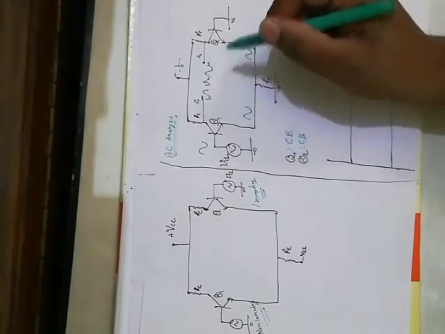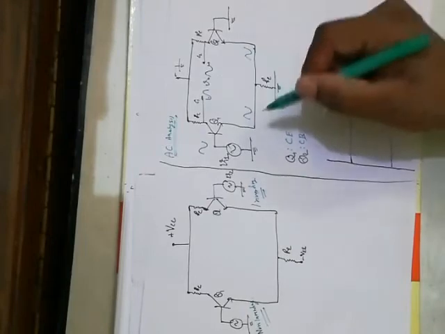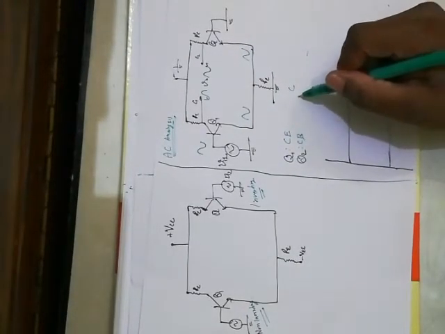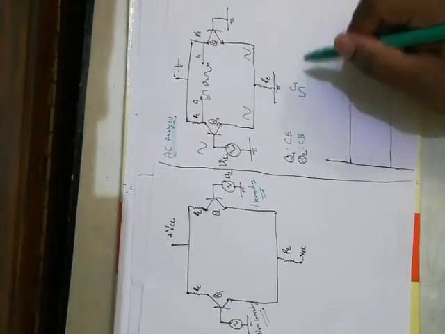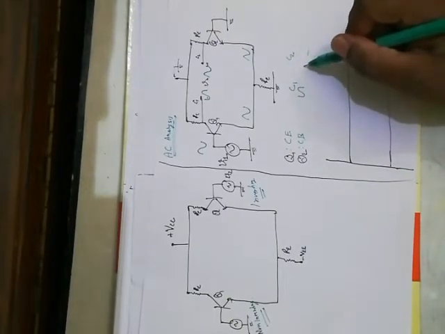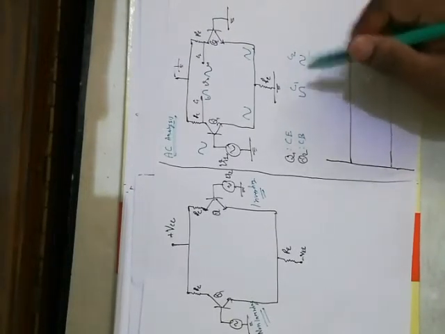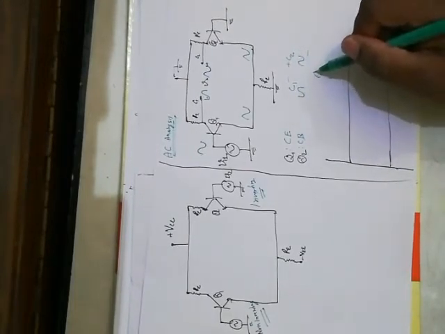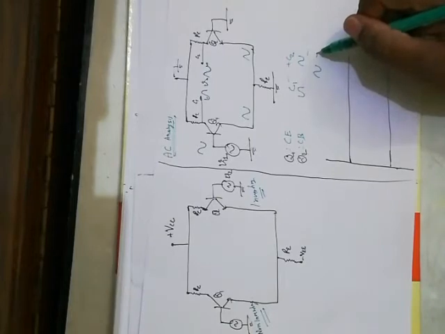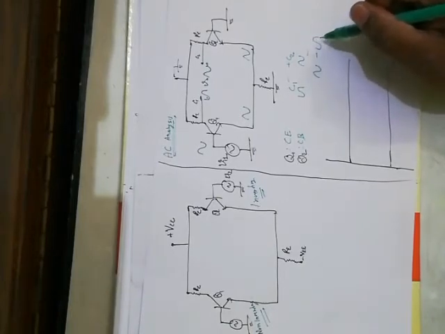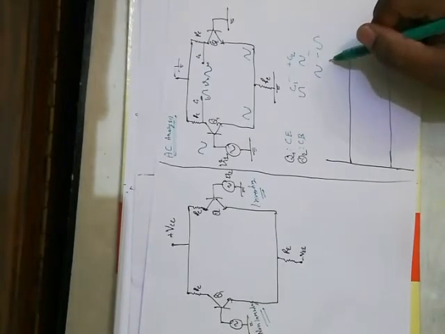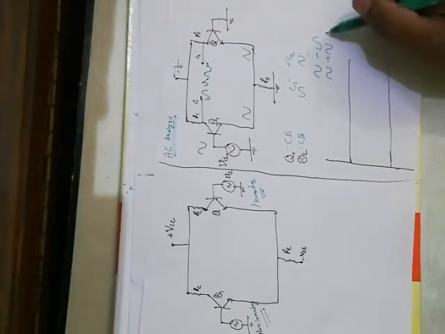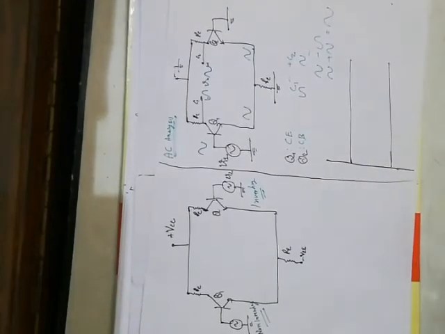Now if this is C1, we are getting this, C2 we are getting this. The output is taken as C1 minus C2, so this is C1 like this, minus this, and minus of this is plus of this. So this plus this equal to this.